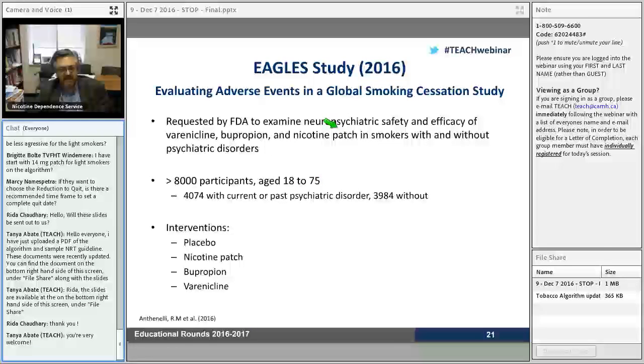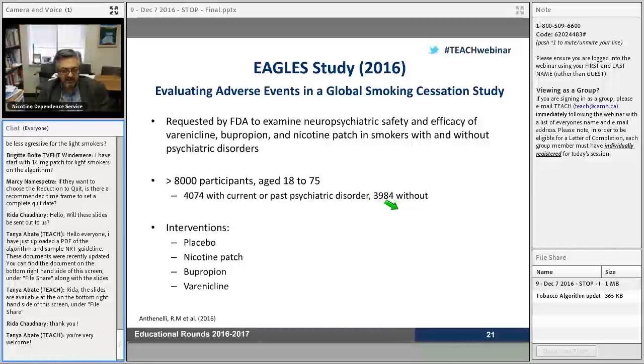And here's what it is. It's a very complicated study, and I'm going to walk you through it just to make it easy to understand and understand the limitations. So roughly more than 8,000 participants across all the continents, 18 to 75 years of age, men and women. Approximately half had a current or past psychiatric disorder, and about half did not have any.